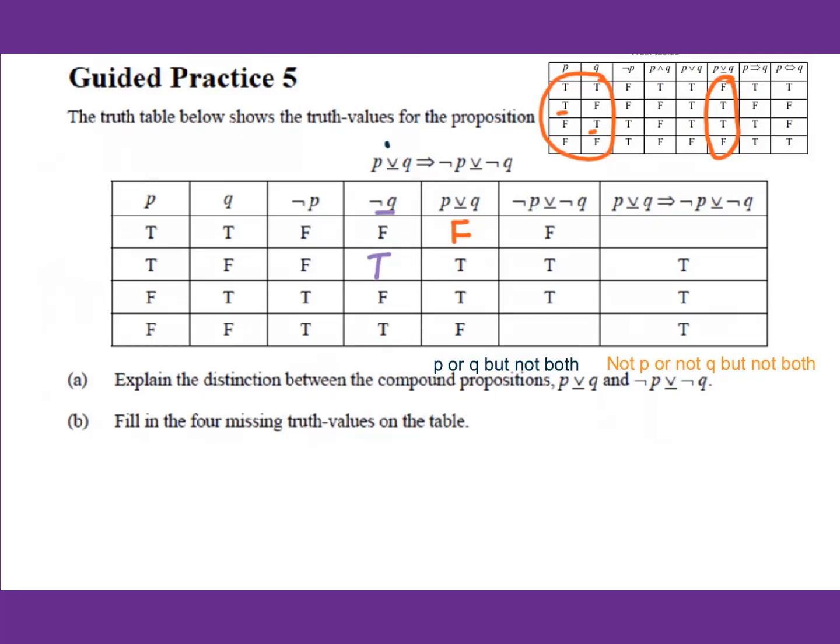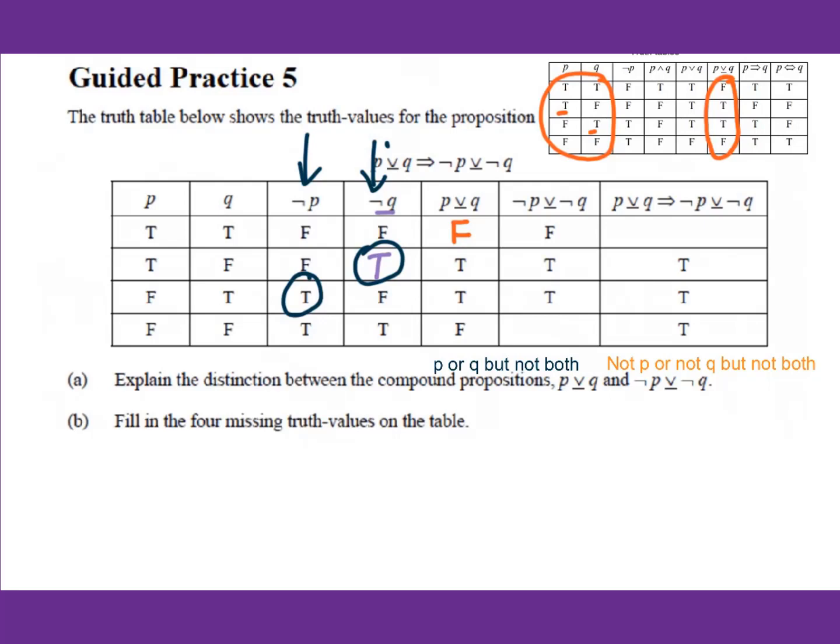Now look at these two columns. We do or, but not both, which means exactly one must be true. Then it's true. So check these two columns. We need only one true.